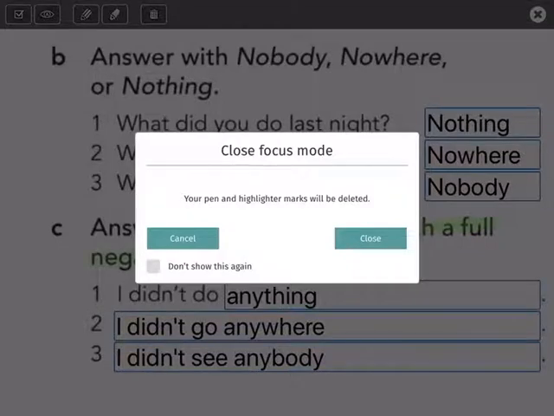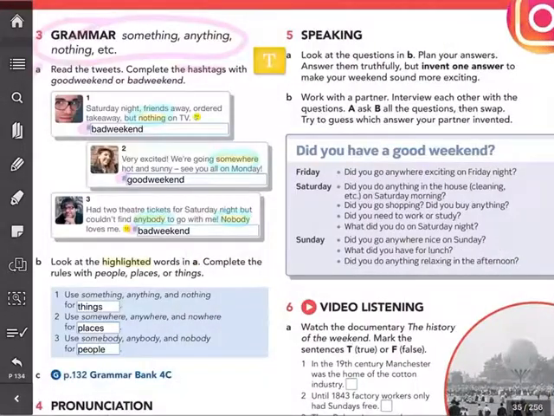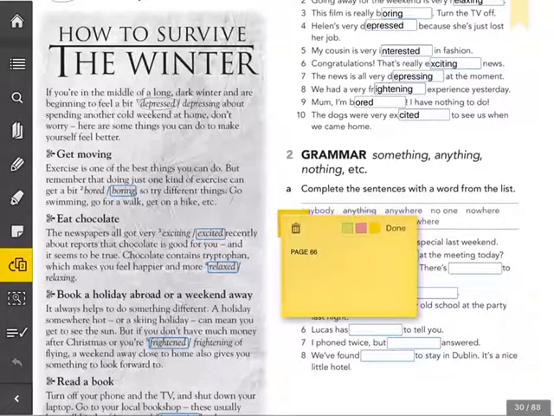Let's go now to our workbook. If we look at page 66, this is what I would like you to do for homework. Can you see page 66?